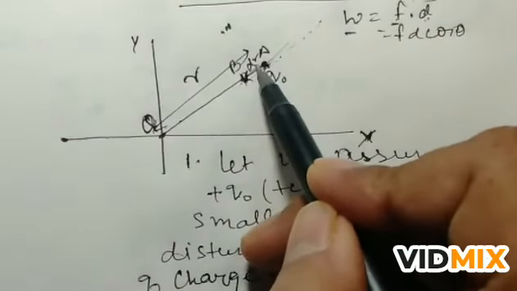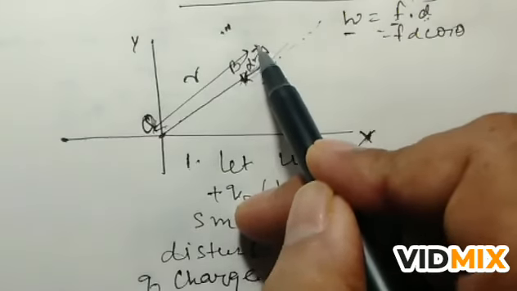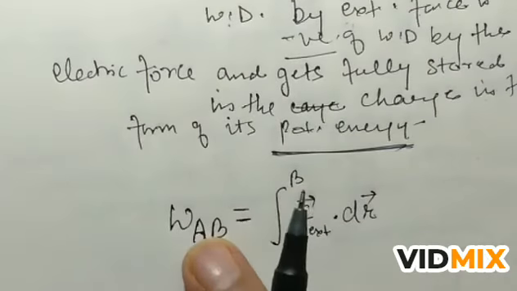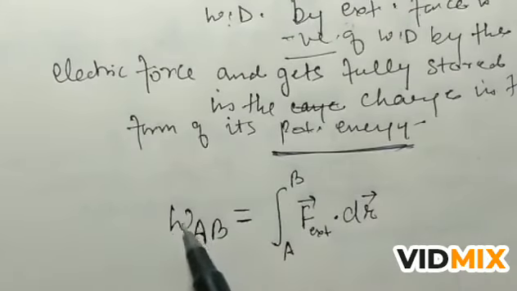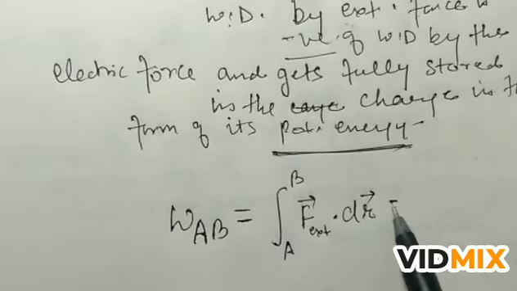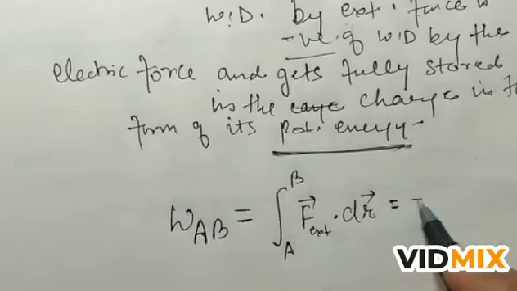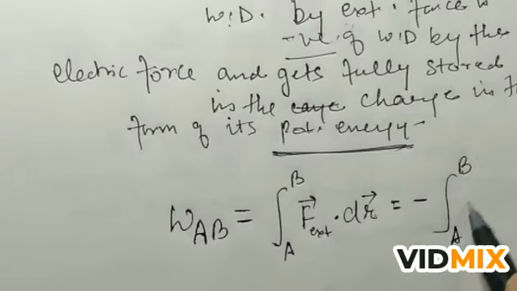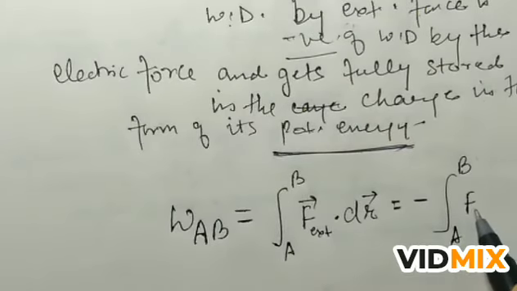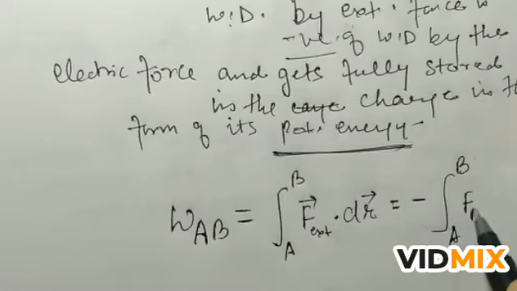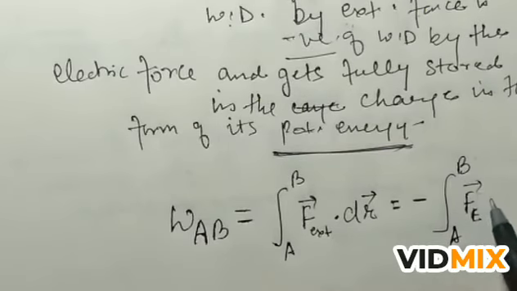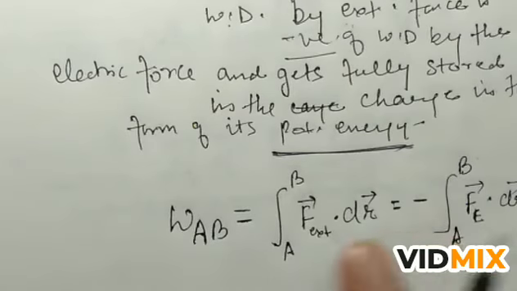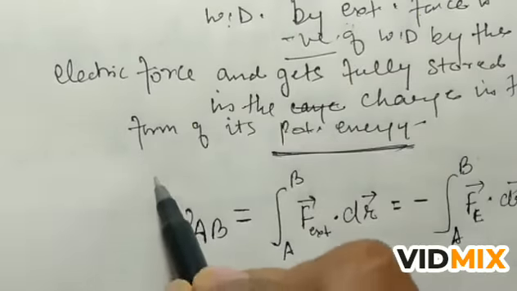Point A to point B is a small displacement dr. So this is the work done in bringing the charge from point A to point B, and this is equal to, as I told you, the negative of the work done by the field of the source charge, that is force applied by the field times dr. This is a very important relation.